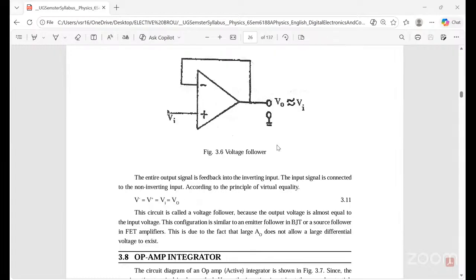That's why it is called a voltage follower, because of the feedback. The output voltage is always equal to the input voltage.